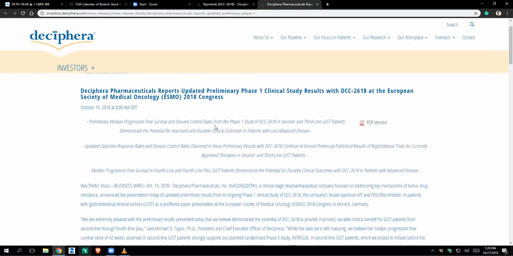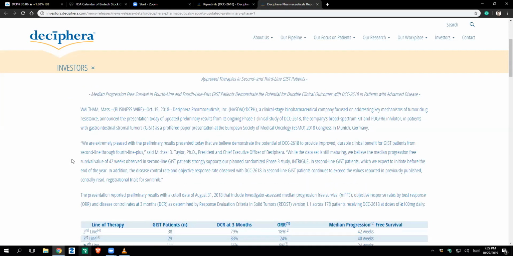Preliminary median progression-free survival and disease control rates in second line and third line GIST patients demonstrate the potential for improved and durable clinical outcomes. Updated objective response rates and disease control rates observed. Okay. Median progression-free survival in fourth line GIST demonstrates the potential for durable clinical outcomes with DCC 2618 in patients with advanced disease.